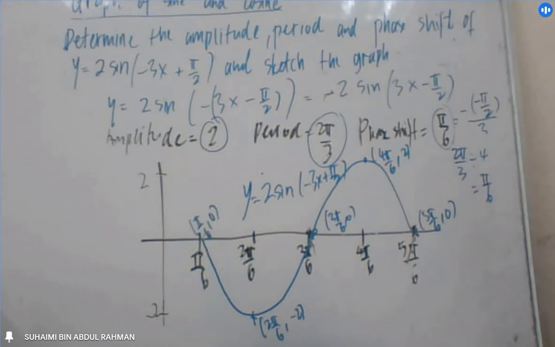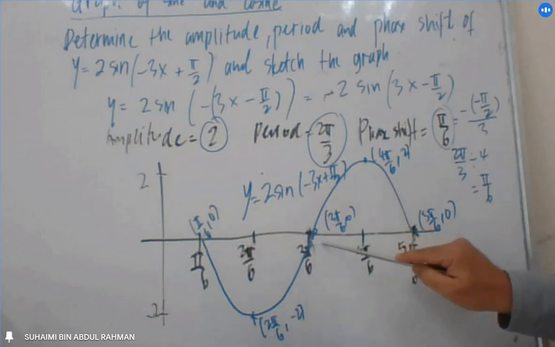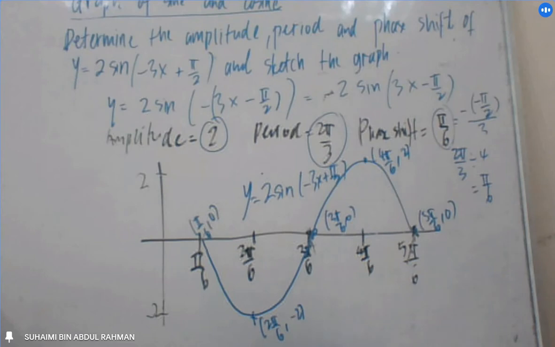Which means that the length of each sub-interval is pi over 6, pi over 6, pi over 6, pi over 6. Altogether is 2 pi over 3.